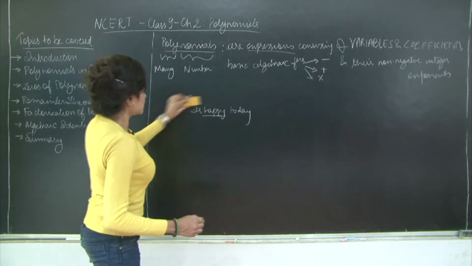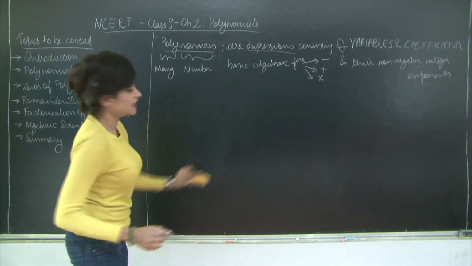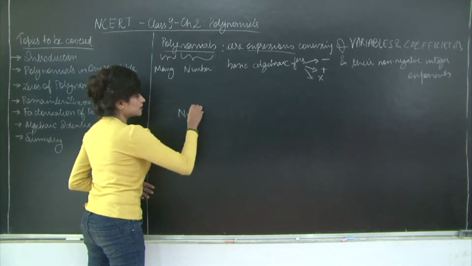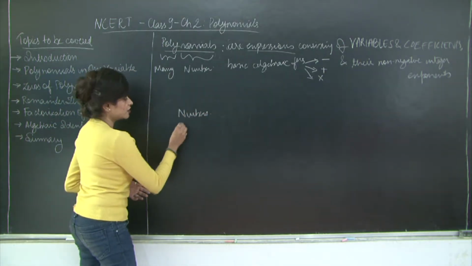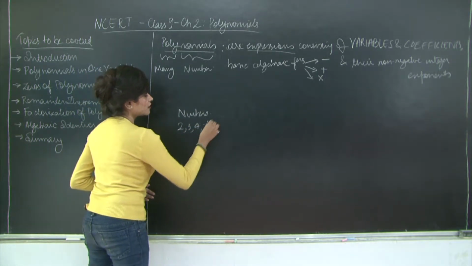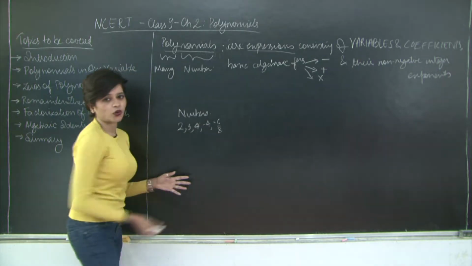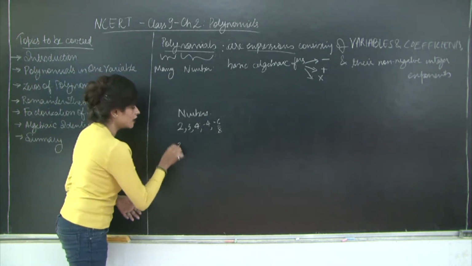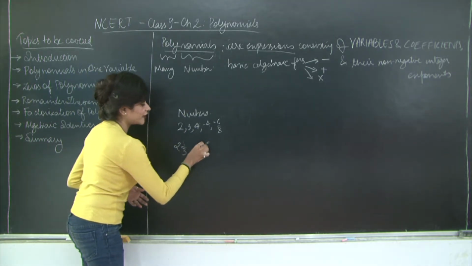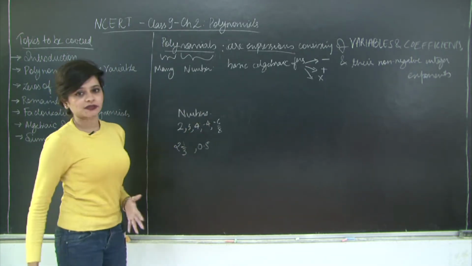In maths, algebra especially, you have numbers. Numbers could be 2, 3, 4, minus 4, minus 6 upon 8, and so on. They could be fractions, mixed fractions, or decimals like 0.5 and so on.